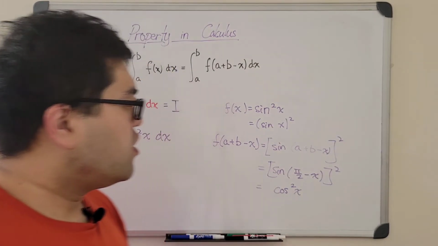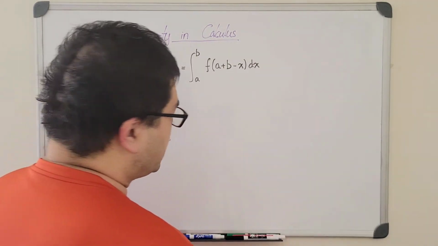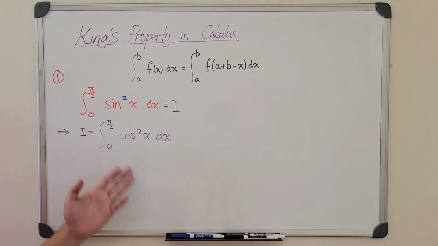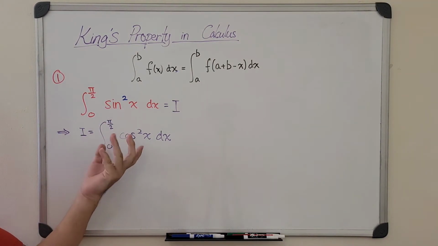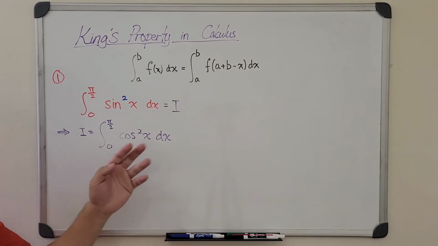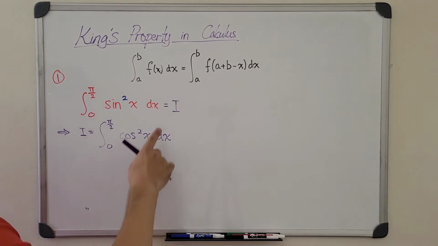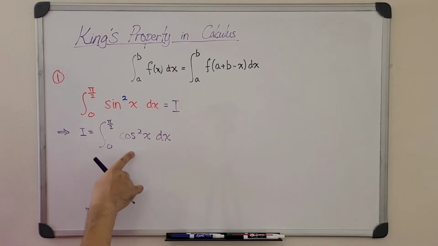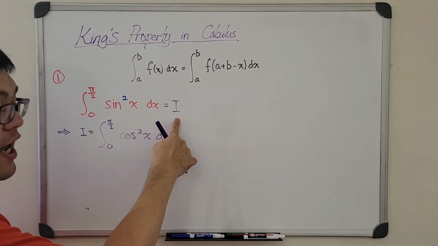Good. And up to here, you might say, well, we didn't really make it any easier. We still have a square of a trig function, right? But this is why we use the King's property. Now we say that these two are actually the same integral, which is namely I.